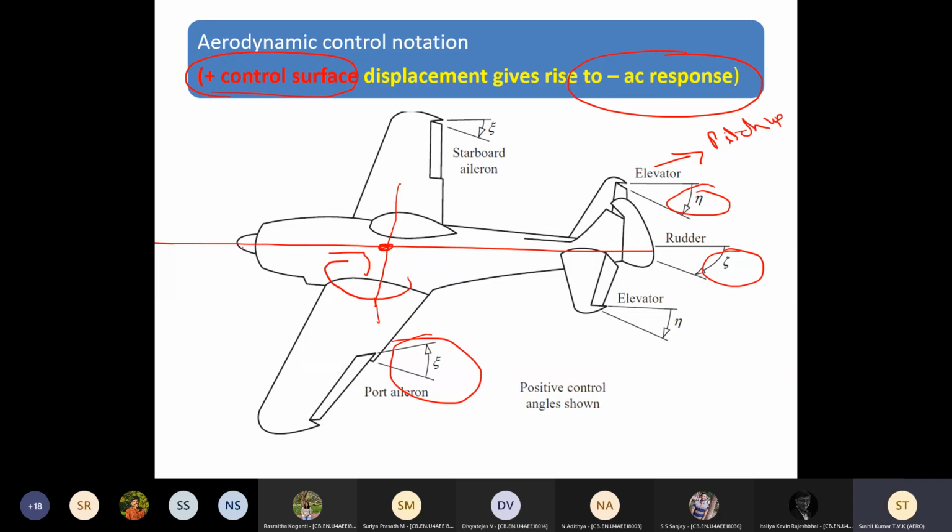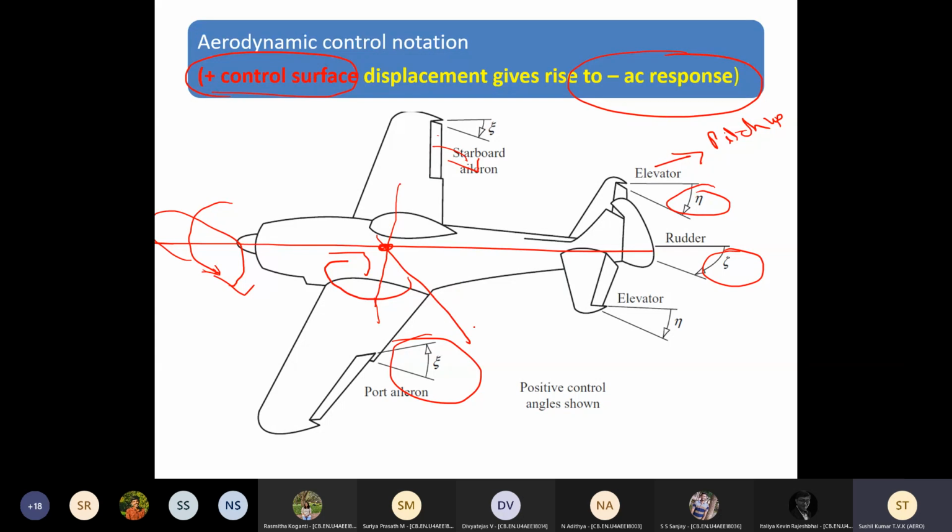Similarly, if you are rolling about this x-axis, you deflect the aileron down, then the aircraft is going to rotate in this direction. That is, looking from the cockpit, it's going to bank towards the left. In the same way about the z-axis, the rudder deflection is going to rotate the aircraft, looking from top, in the counterclockwise direction.